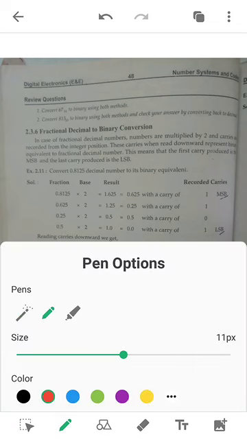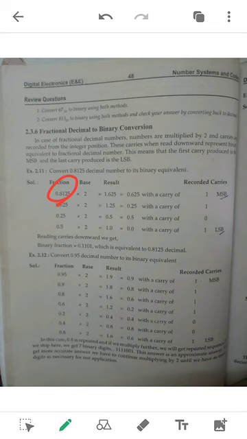So in the first step, you can see this is a fractional number. We have to multiply this fractional number by 2, since the base is 2. After multiplication you get the result 1.625.